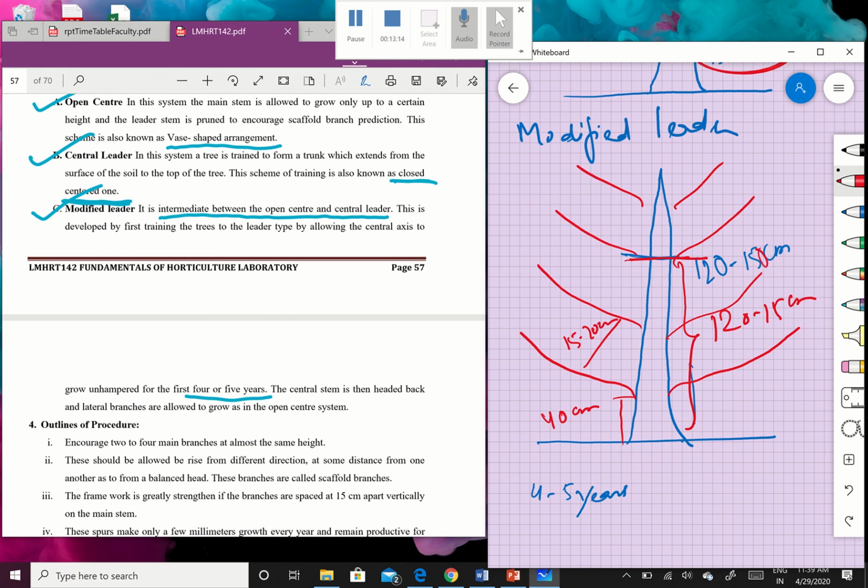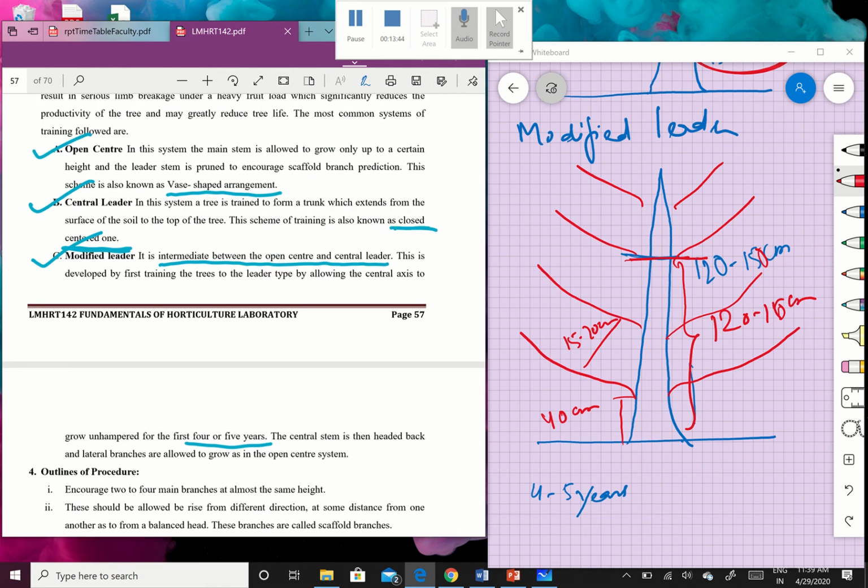Then the first shoot we are going to allow at the height of 40 centimeter, and the distance between the subsequent branches will be 15 to 20 centimeter. This allows proper interception of light, making all the branches equally productive and producing fruit. So this is your modified leader.